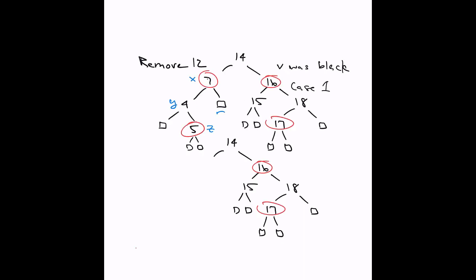Here's the portion of the tree that won't change. When we restructure the tree rooted at X, 5 is going to become the new root of that tree, 4 will be the left child, and 7 will be the right child. So if I draw that, I have 5, 4, and 7.